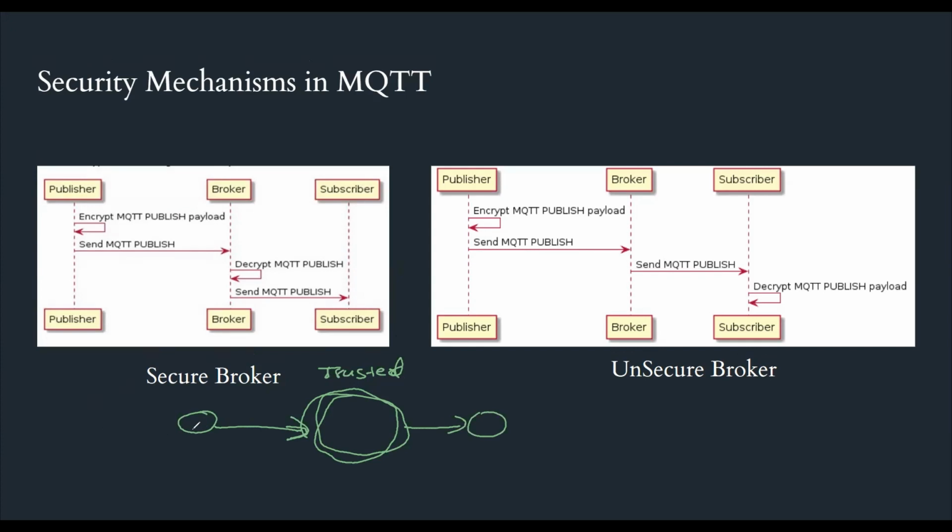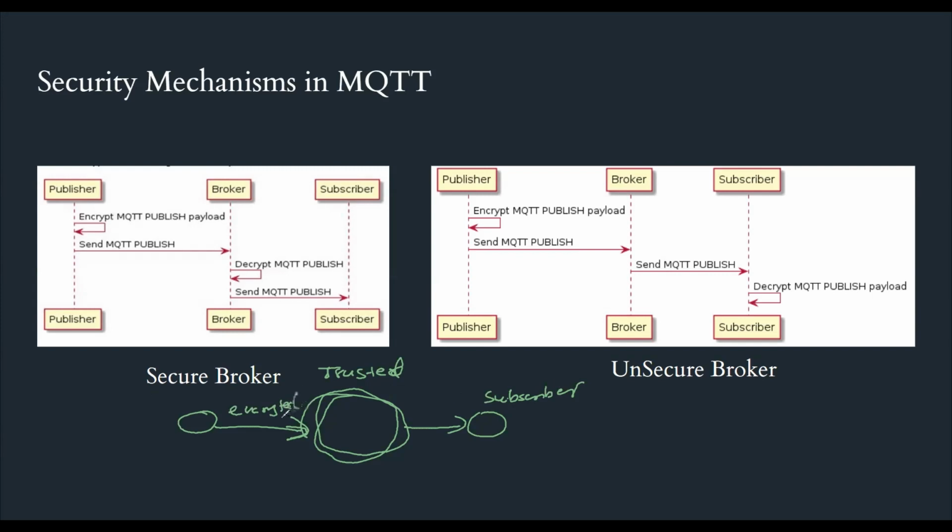Here, we will be sending our data to the broker, and the broker will decrypt the data and send the decrypted data to the subscribers. So the data will be encrypted here.